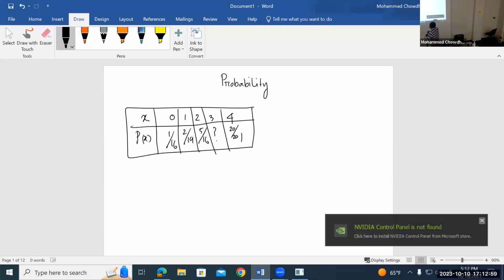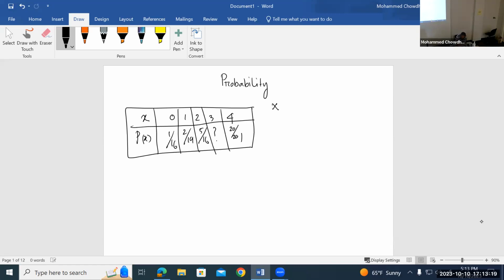If these are the probabilities given, how can we compute the probability corresponding to X equal to 3? You understand? X is a random variable with associated probabilities for different values of X given. What does this mean?